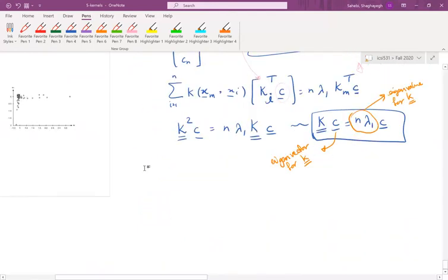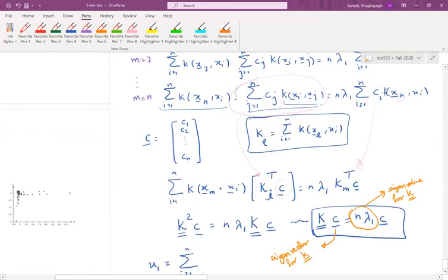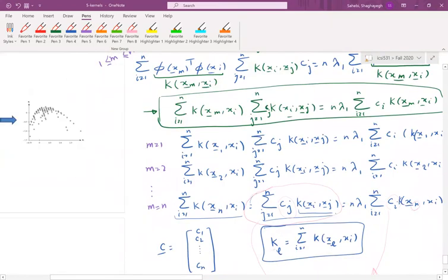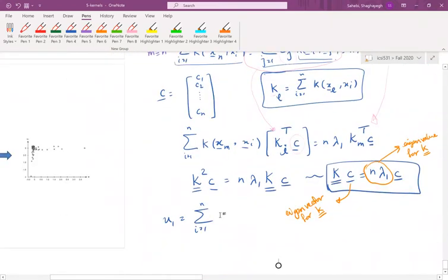We know that u1 is equal to the sum over i equals 1 to n, because we have it here, right, of phi of xi multiplied by ci.